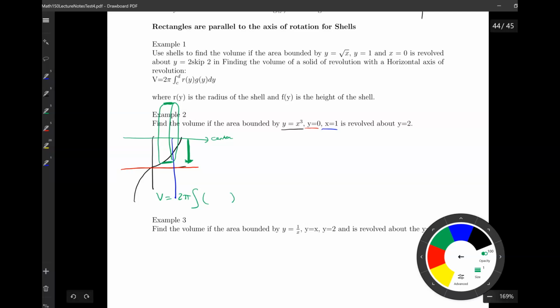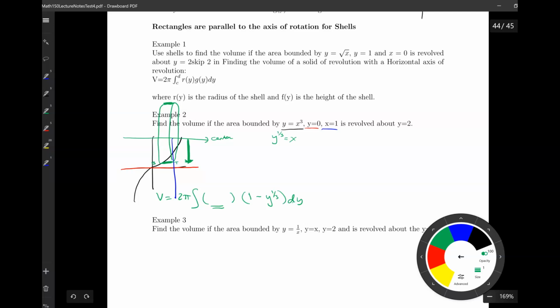The height is going to be this here. So this height will be top minus the bottom. So this here is x equal 1, subtract off, and I have to solve this for x equal, so I get y to the 1/3 power dy.